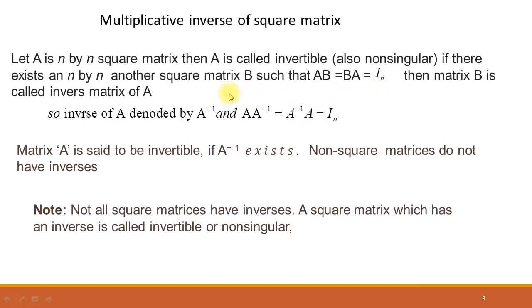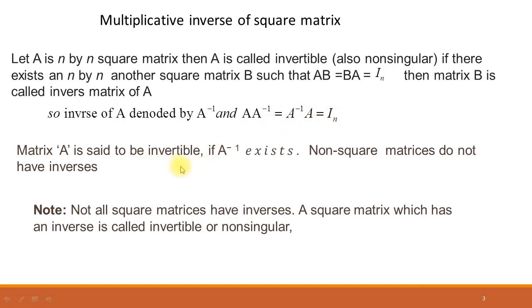Then matrix B is called the inverse matrix of A. So the inverse of A is denoted by A inverse, and A inverse into A is equal to the identity matrix.